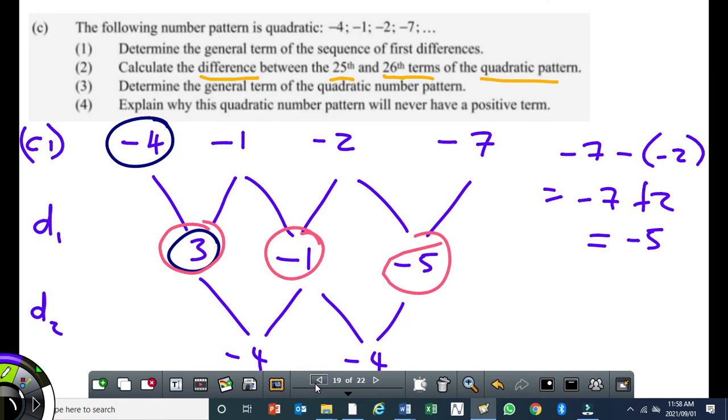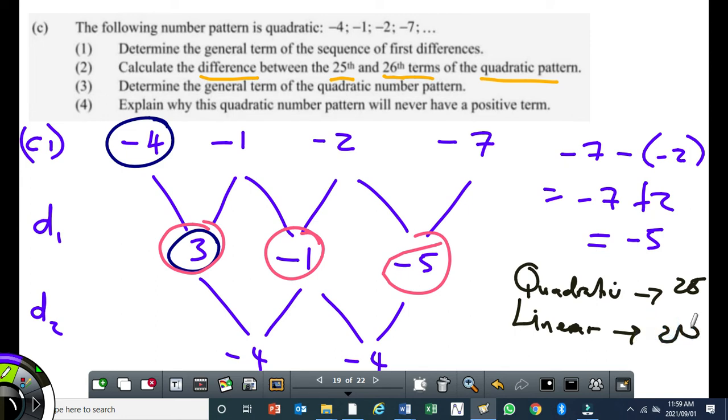But I'm going to ask you a question just to check your understanding. If I give you a quadratic pattern with 25 terms, how many terms are going to be in the linear? 24.